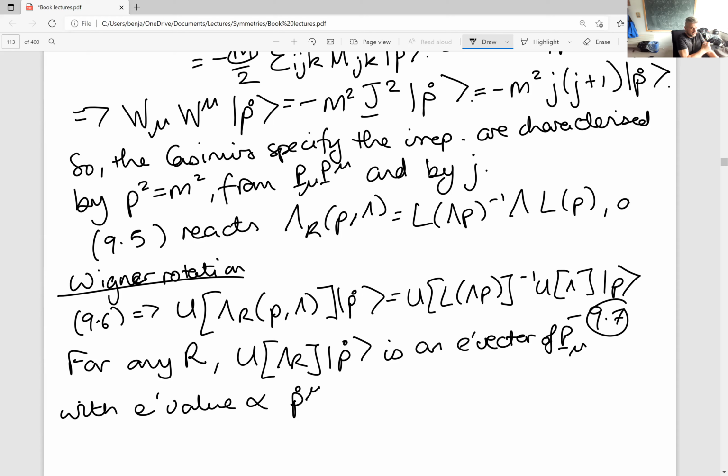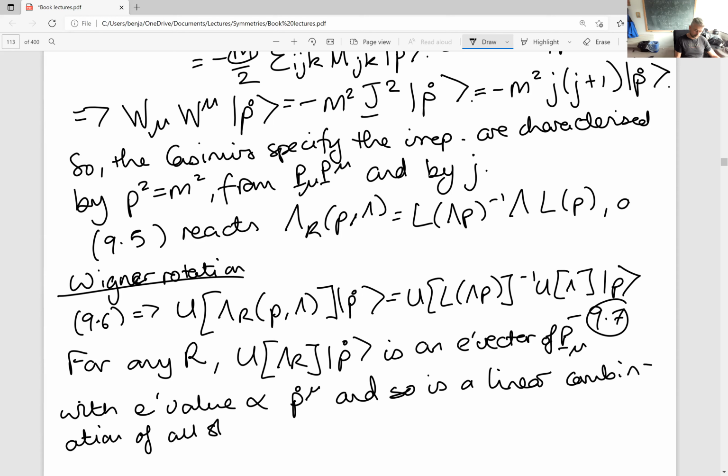And so it's a linear combination of all states in V p dot. So this implies that V p dot forms a representation space.